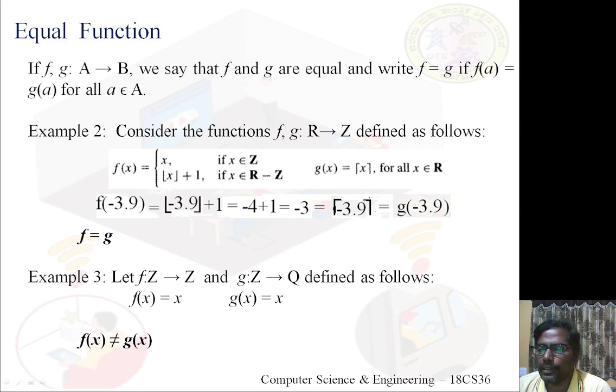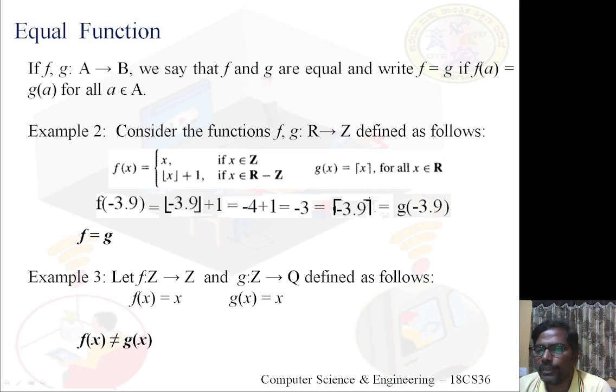I repeat, if f and g are two functions from the same domain A to same codomain B, then we say that f and g are equal if for all the elements a of domain A, f of a is equal to g of a. Then we call f and g same or equal.